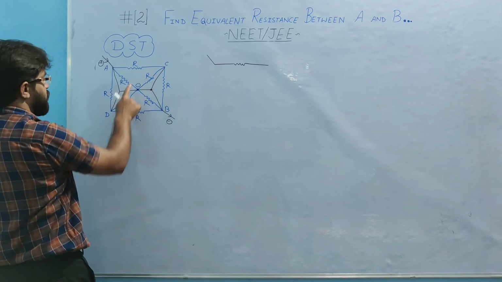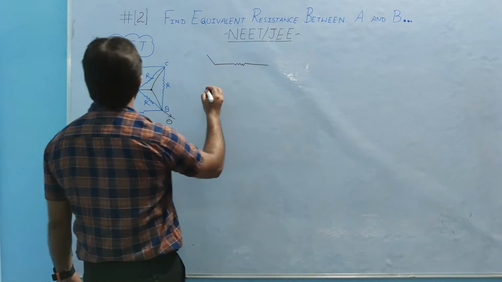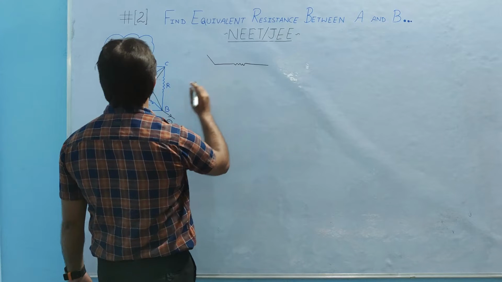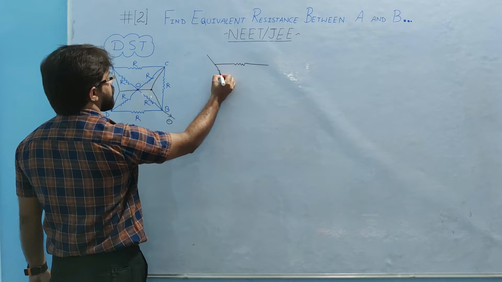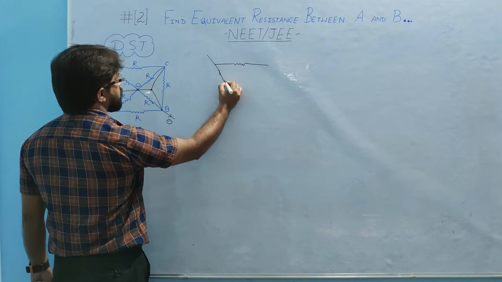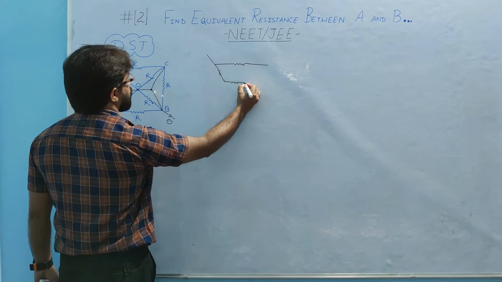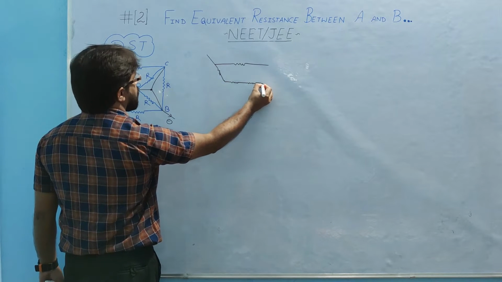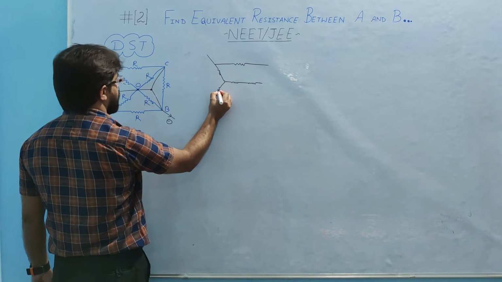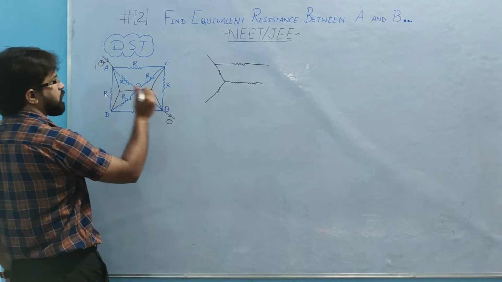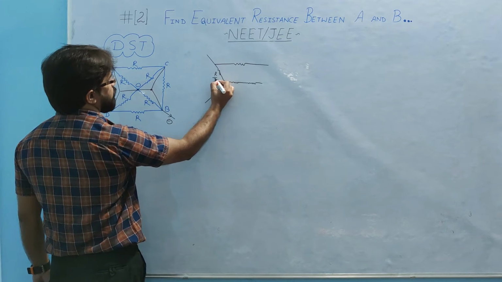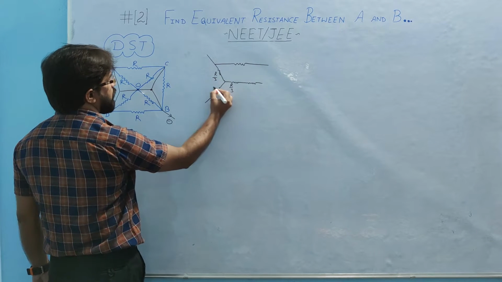This would be as it is, this would be as it is. This would look like this. 1, 2, 3, all are R. So these would be R by 3, R by 3, R by 3.